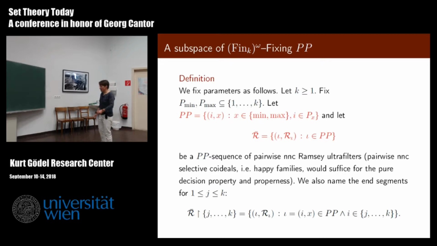So yeah. So now, heading to a new forcing order, we need to restrict our space, phi k to omega, to some smaller space, which is not centered, but somehow centered in its projection to omega. And yeah, so now we need to fix parameters.